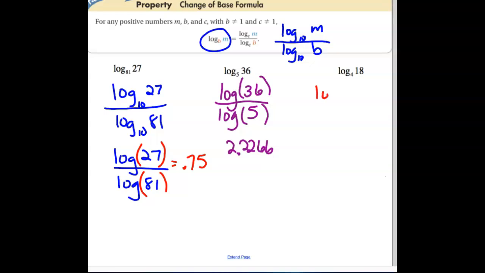Okay, hopefully you typed in the common log of 18 divided by common log of 4. And your answer there should be 2.0850. It's very typical when you're given a question like this that you go out to 4 decimals. It's kind of our standard way of doing logs.